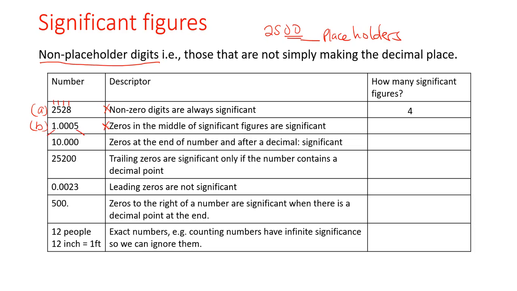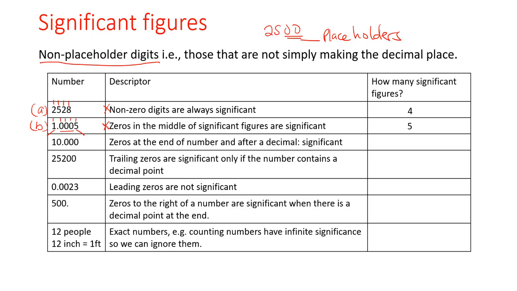We have another significant figure here, because we know that non-zeros are significant. These zeros are captured between these significant figures. So all these zeros are significant. In that case, this number has 1, 2, 3, 4, 5 significant figures.